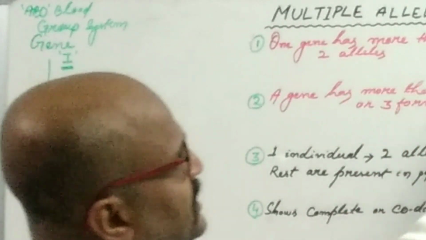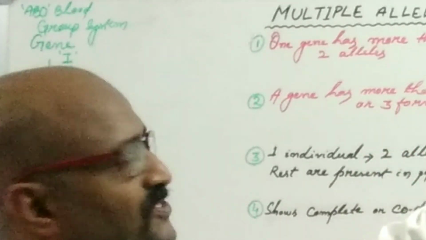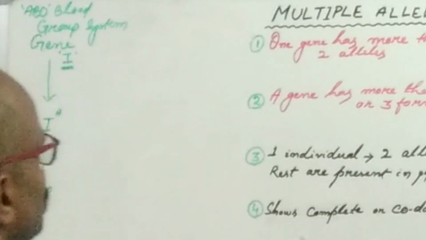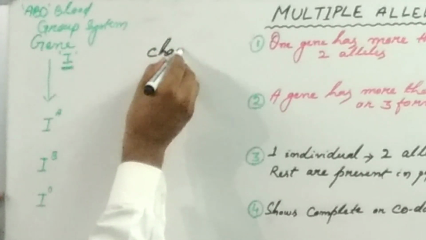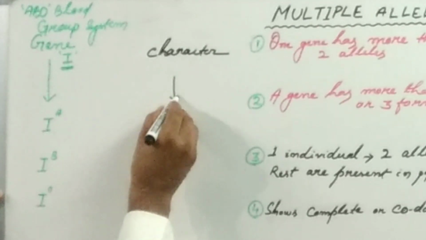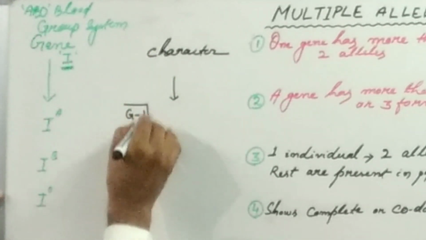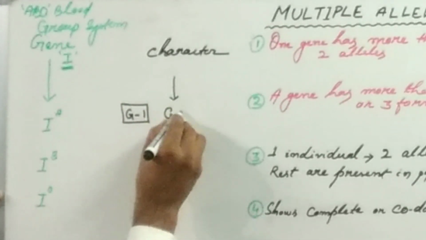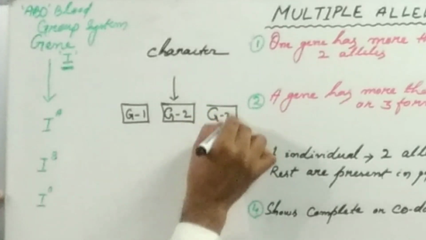But in the case of polygenic inheritance, poly means many, genic means gene, and inheritance means transmission. So a character which is controlled by a number of genes, suppose gene 1, gene 2 and gene 3.